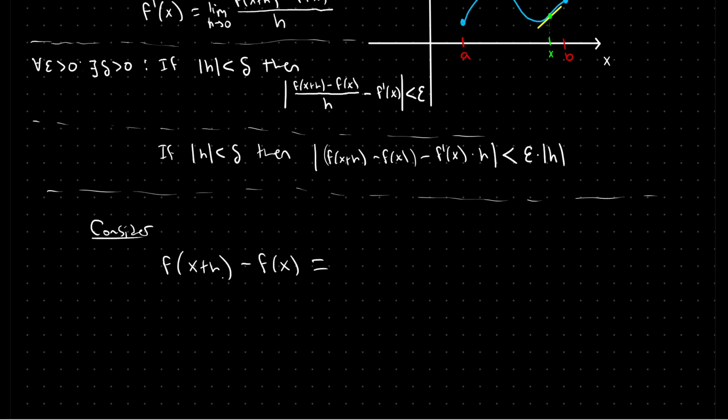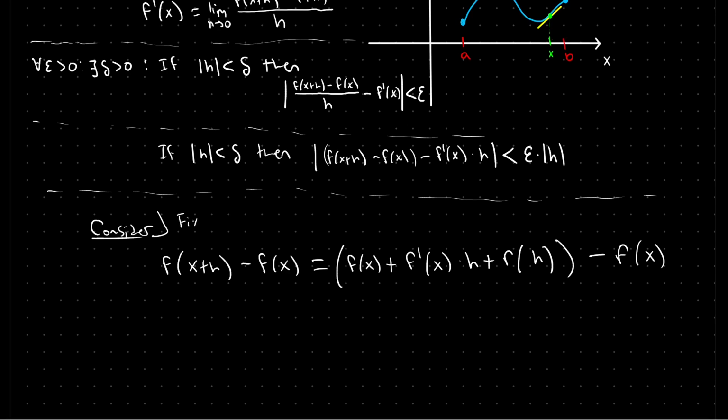We can write f of x plus h as f, the function at the point x, plus f prime of x times h plus some remainder r, where the remainder depends on h, minus f of x. And this is for a fixed value of x.